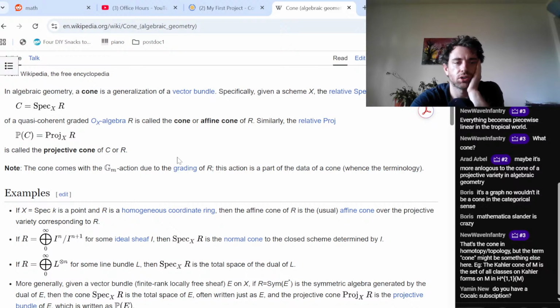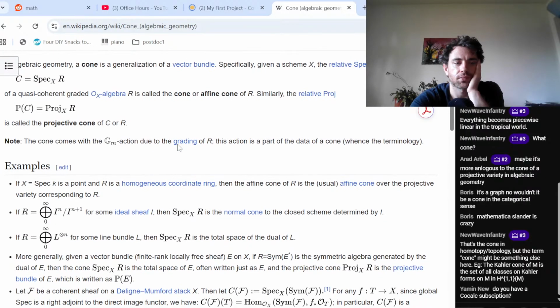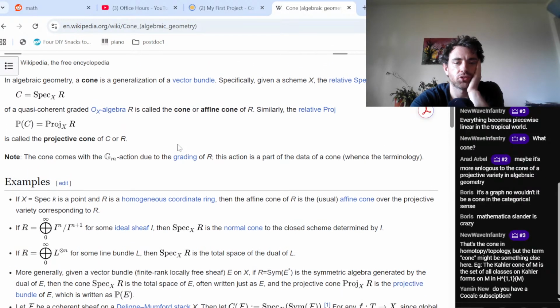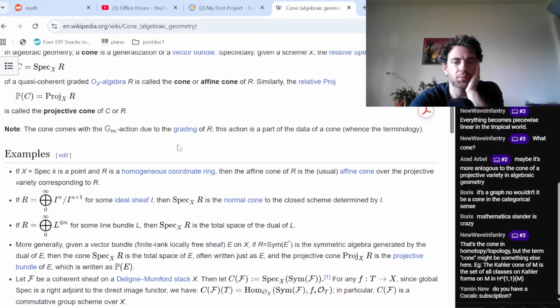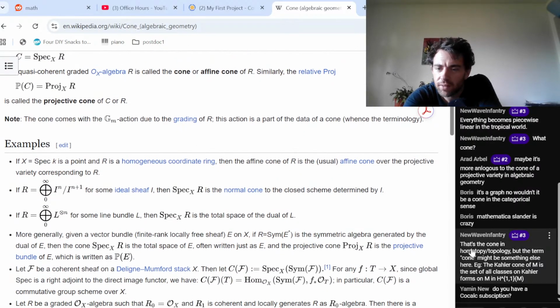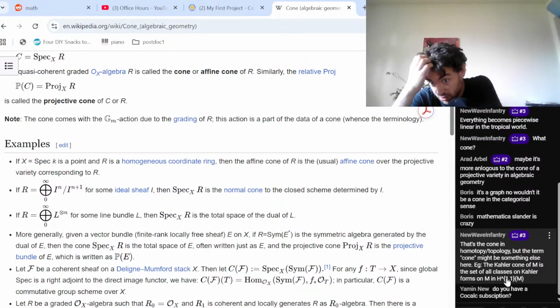Aha, projective cone. Interesting. Does it generalize vector bundles? Are all vector bundles this? That's a cone in homotopy topology. Yeah, the term cone might mean something else. The collar cone of M is a set of all classes of collar forms?